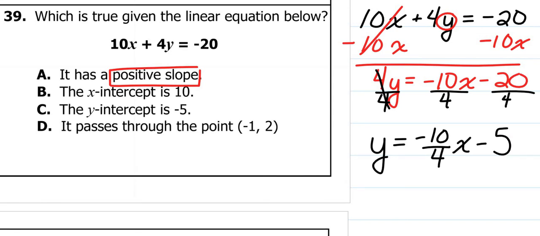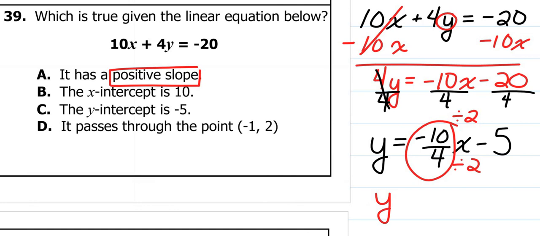All right, last thing, this negative 10 divided by 4, since both the numerator and the denominator are multiples of 2, I know I can simplify that. If I divide the top and bottom by the greatest common factor of 2, I'm going to simplify this slope.